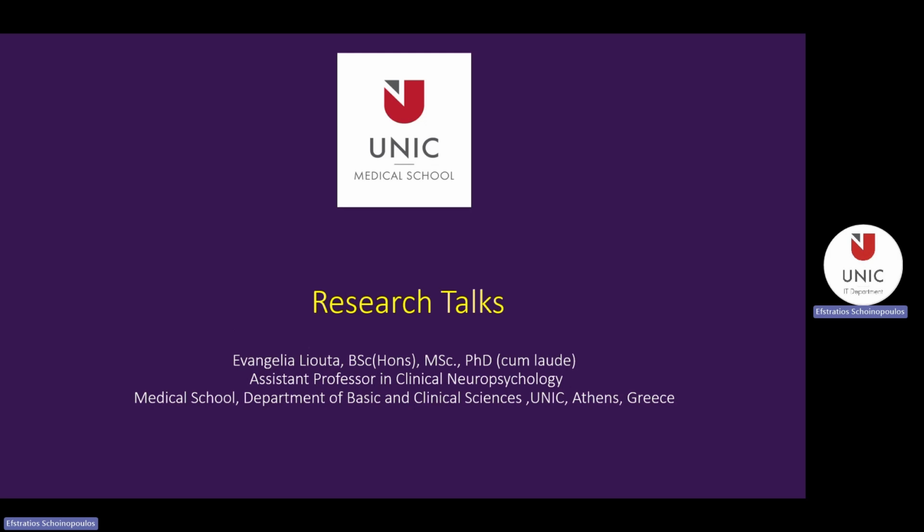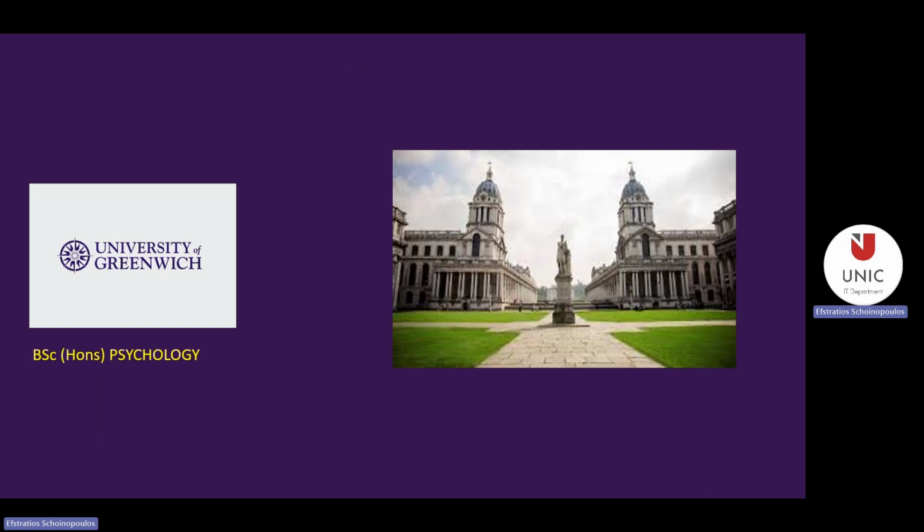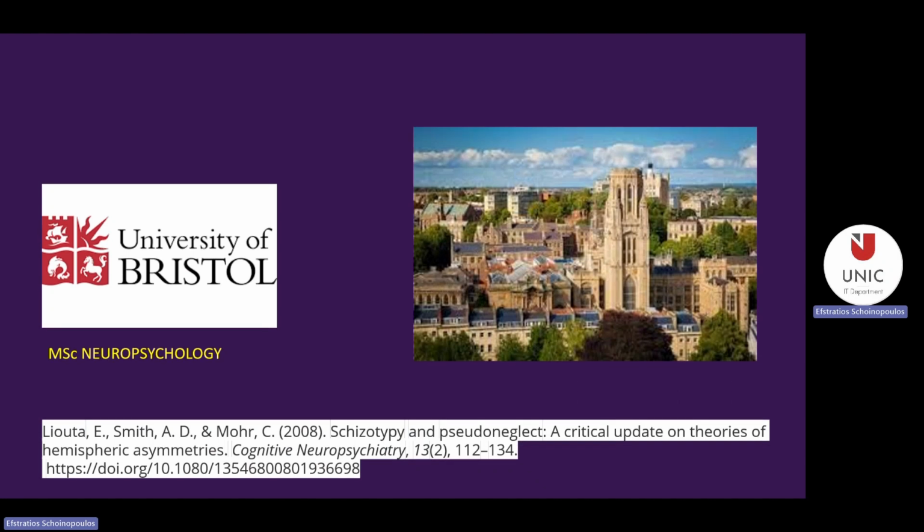So before I start talking about research, I would like to introduce myself once again. So who is Evangelia Liouta? I obtained my bachelor in psychology from Greenwich University in London. Afterwards, I obtained my master's degree in neuropsychology from the University of Bristol, and that was the year that I got my first publication on personality traits and some visual spatial deficits.